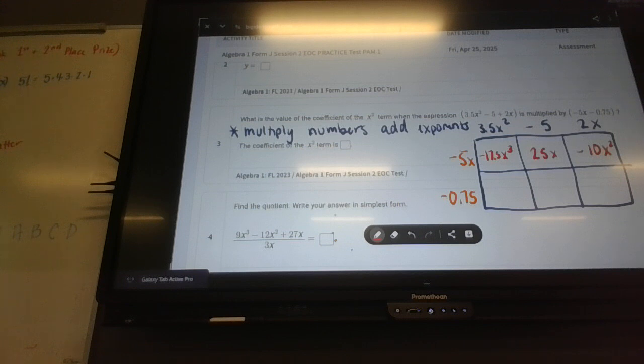Negative 17.5 x to the third. Sorry, it's a dot there. Man, the decimals here are crazy. $2.625.